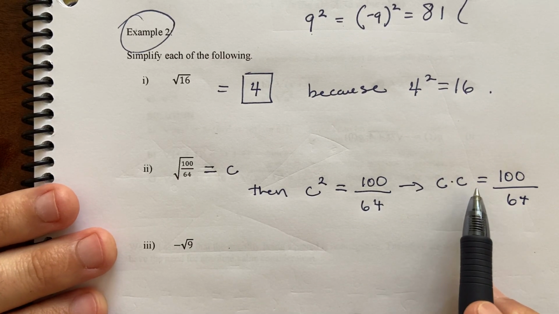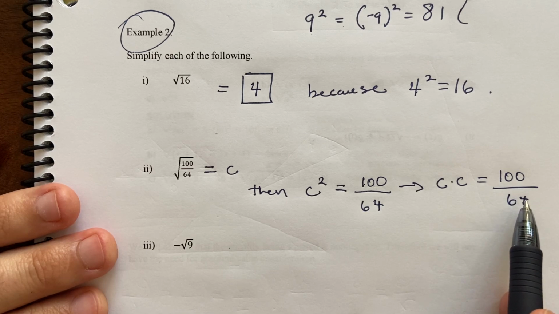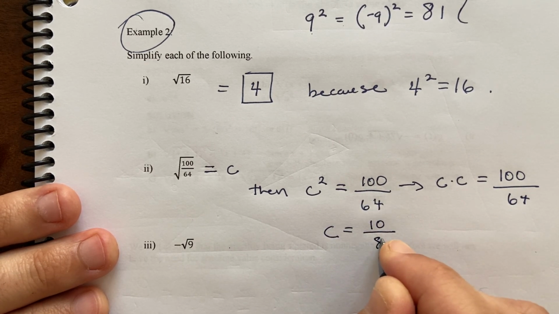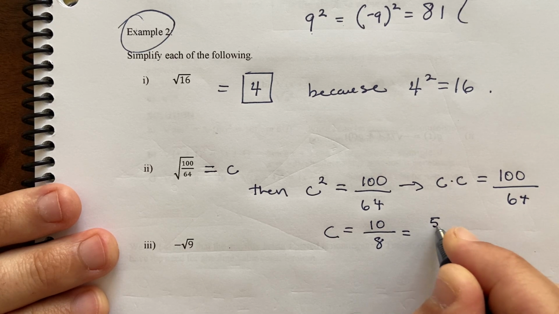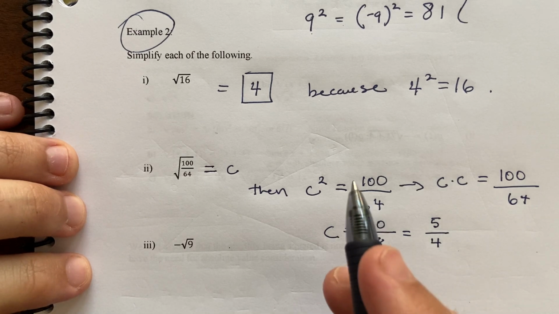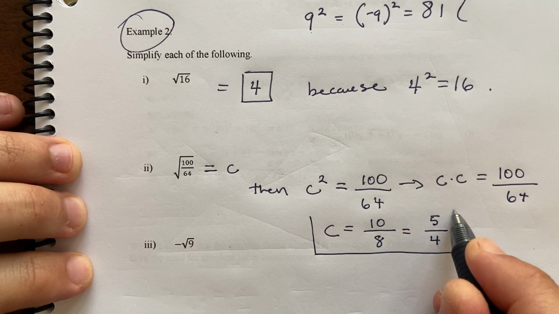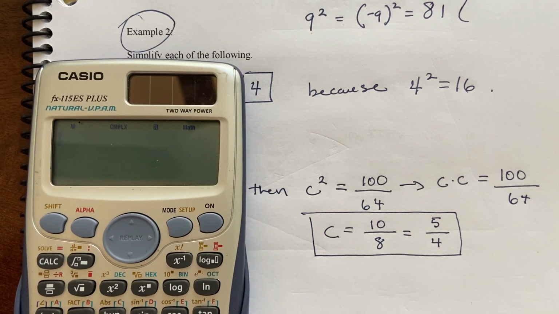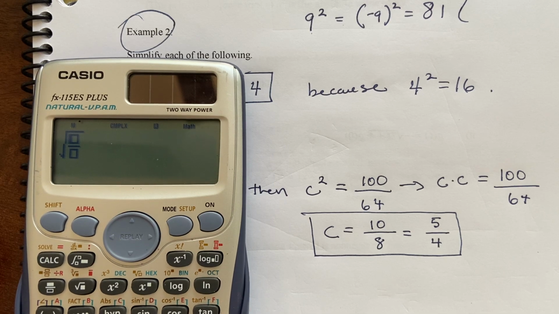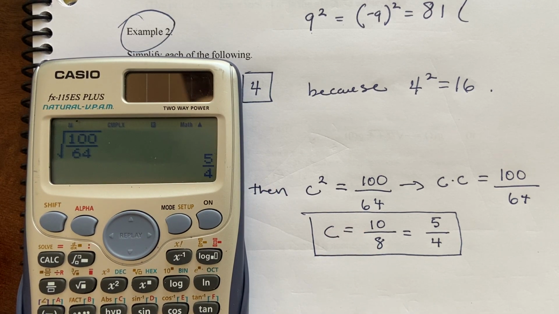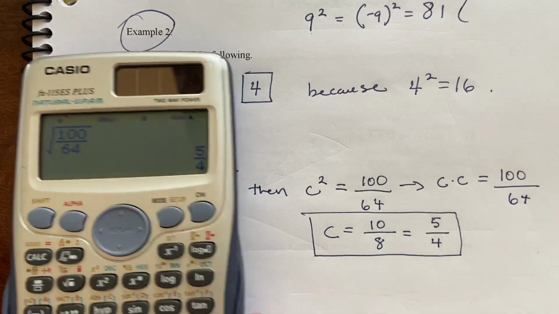So I'm looking for something times itself that equals 100 over 64. So c must be 10/8, in other words, 5/4. If you're wondering how that just happened, feel free to use your calculator, square root, and then press the fraction, 100, scroll down, 64. All right.